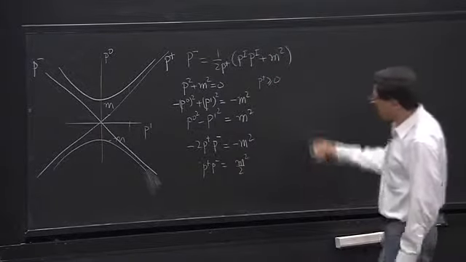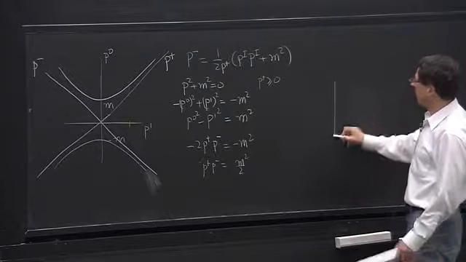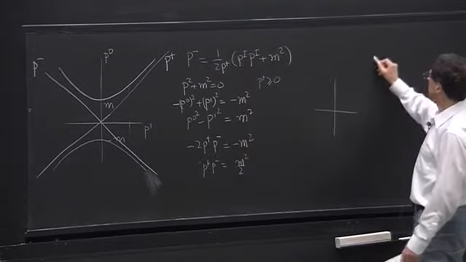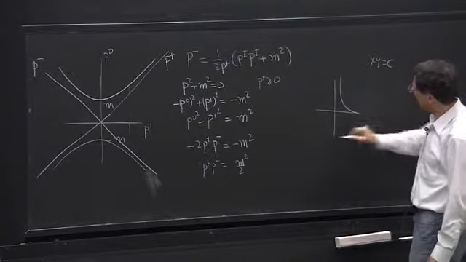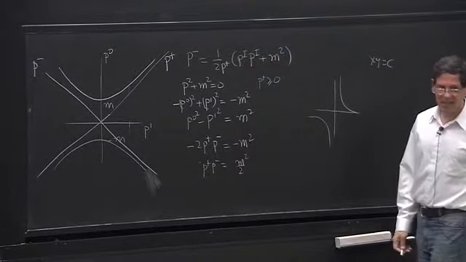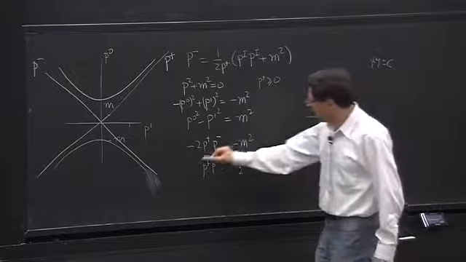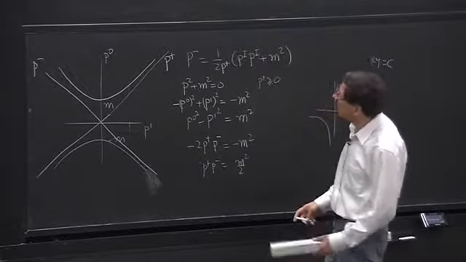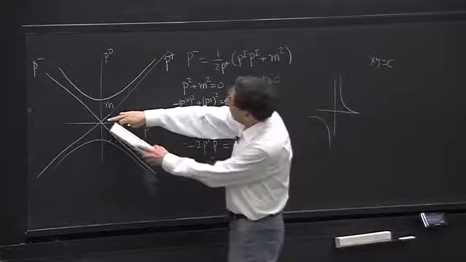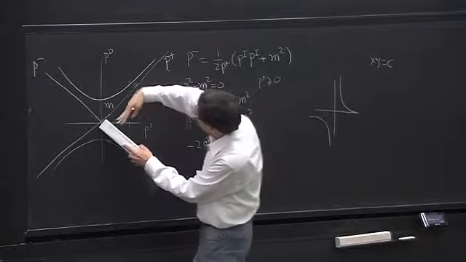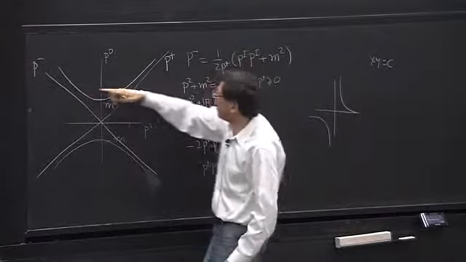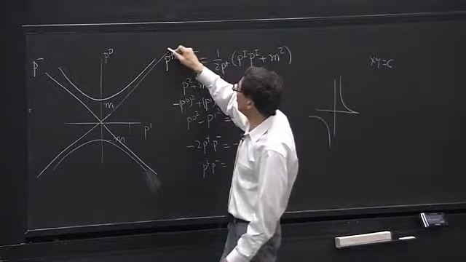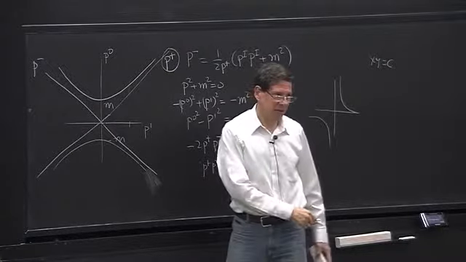And you remember, that's also the form of a hyperbola. If you have xy equal a constant, you do get 2 branches. You get this and this. So this equation has 2 branches. And if P plus is positive, you get this whole branch. This whole branch of positive energy solutions is with P plus positive.